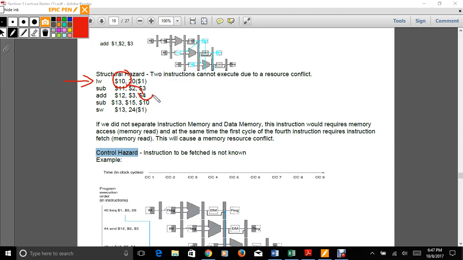And the problem is that this is going to be the old version and that's going to be the new version. So I have to wait 1 cycle before I can execute load word. And this will cause a memory resource conflict. Fortunately, we separate instruction memory and data memory in the MIPS data path to specifically eliminate this kind of hazard.